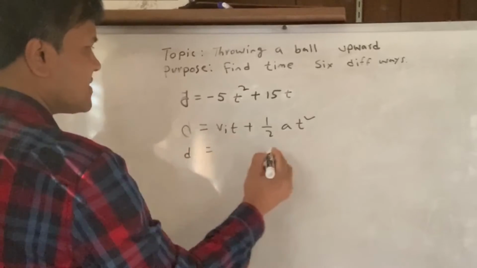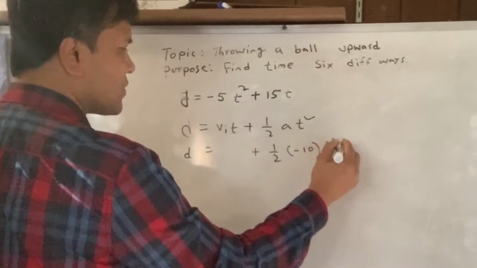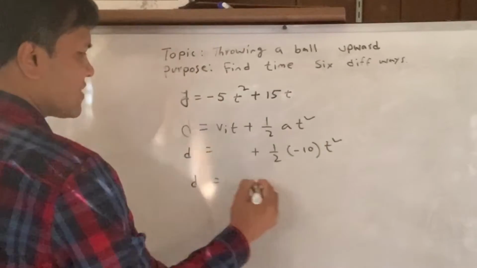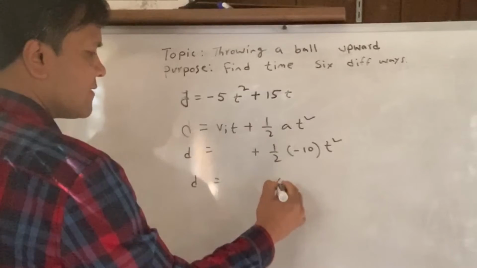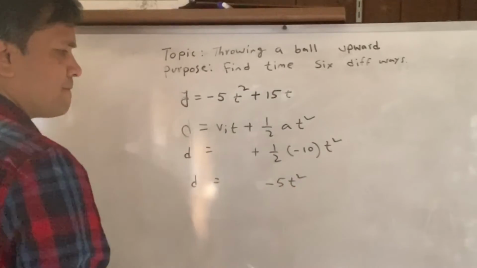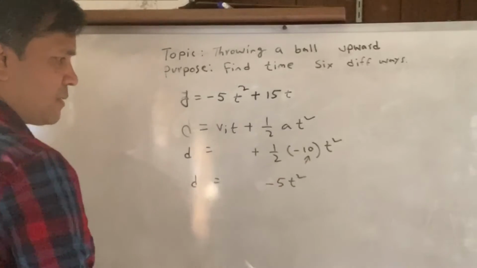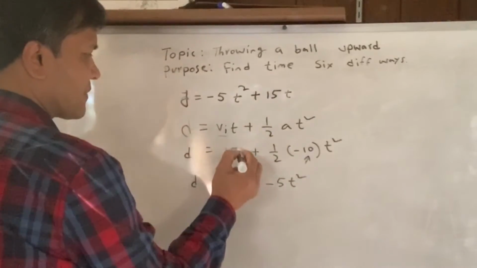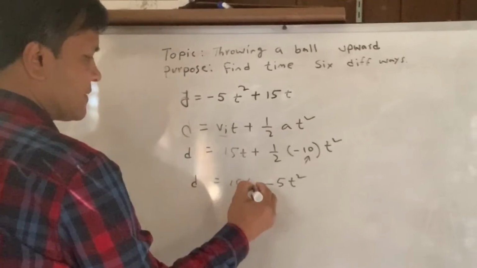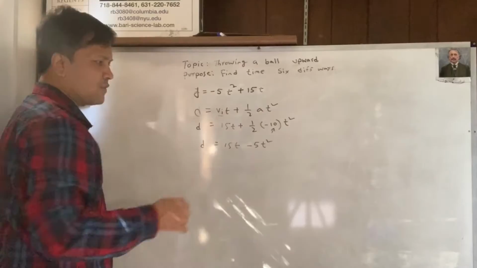So then D is plus half, this is negative 10 t squared. So D is equal to minus 5t squared. Okay, so this is acceleration due to gravity, of course, and this is 15t. So 15t minus 5t squared, and that's exactly what I gave you.